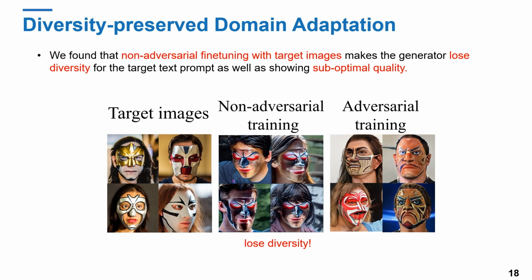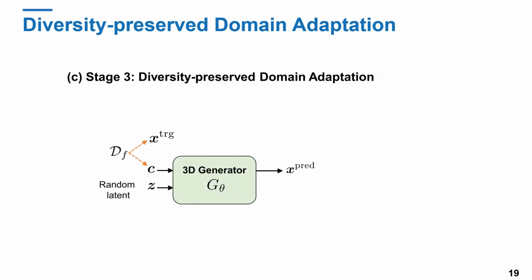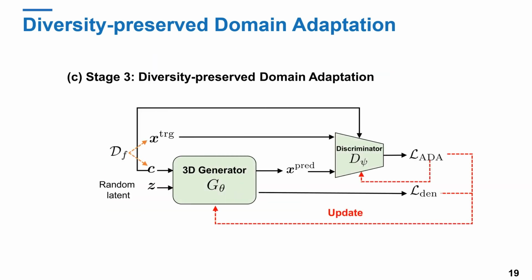While we could perform non-adversarial training using CLIP image directional training with these images, we found that this approach would result in the loss of text diversity and suboptimal quality. Therefore, we utilized the adversarial loss, ADA loss, and additionally leveraged density regularization to help preserve the 3D shape.